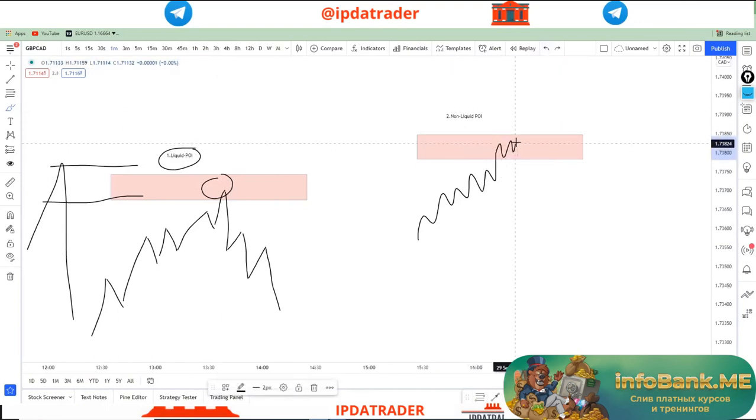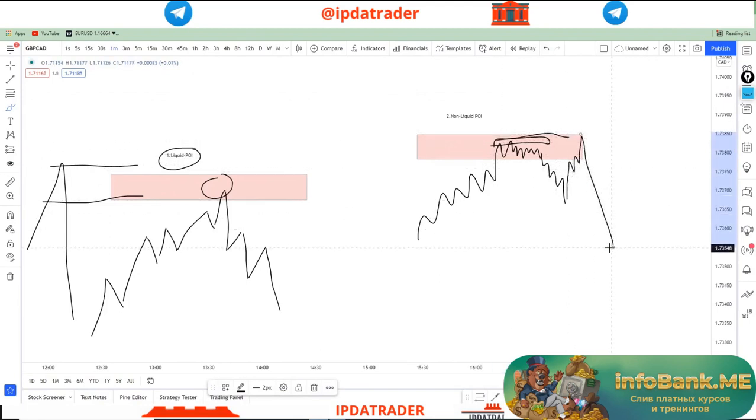So you would see price moving up and down, maybe creating some sort of fake resistance for retailers. They would maybe move away a bit. Retail will get into sells very hard. They will start selling, and all of a sudden you see that price comes very aggressively up, takes the high out, and then moves down, right? Because it was a non-liquid POI, and they needed to engineer the liquidity first so that they can then stop those people out and continue selling.